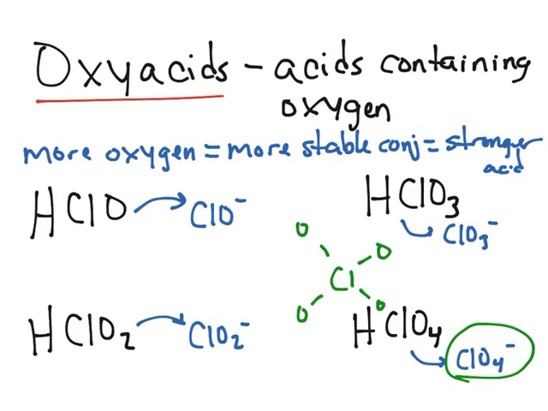By having more oxygens, it's better able to spread this electron around the conjugate that was formed, and that leads to an increased stability. Now, you don't really need to fully understand that for AP chemistry, but you do need to understand that more oxygens results in a stronger acid, but it does have to do with the ability to spread that charge around amongst more of those oxygen atoms.